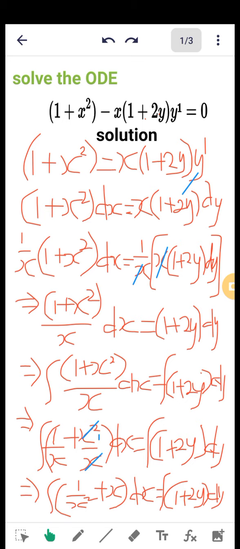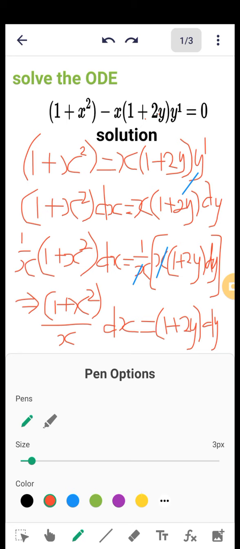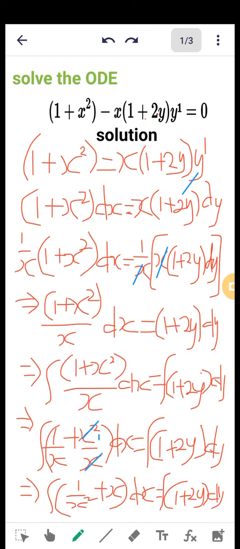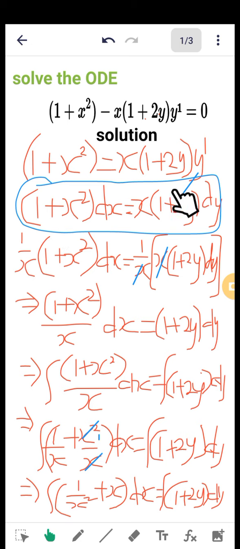So hence we want to make all the x variables stand alone. Looking through this whole equation, we can multiply through by 1 over x.